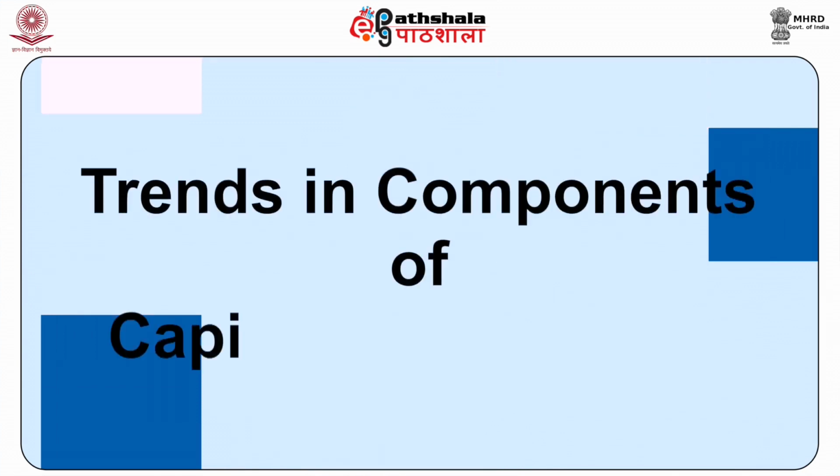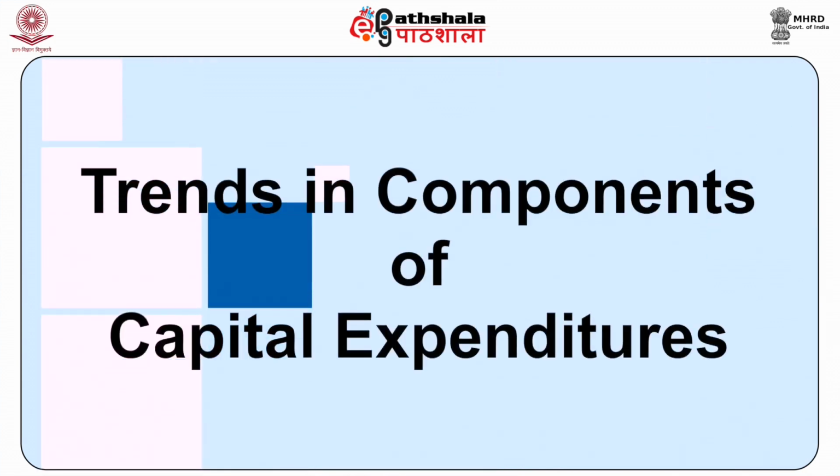Let us now discuss the trends in components of capital expenditures. Capital expenditures comprise expenditures met usually from borrowed funds to increase the concrete assets of a material and permanent character. It comprises the capital outlays and loans and advances to states and other bodies.